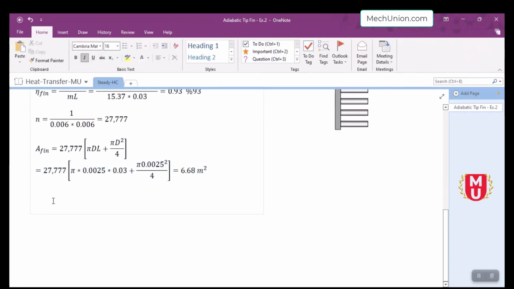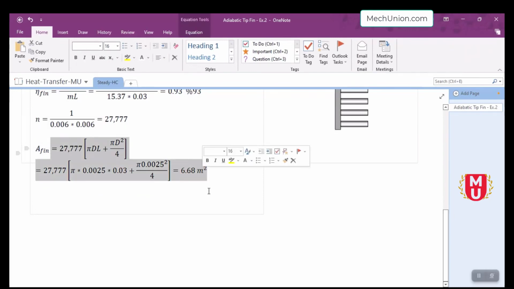Next step will be the area of the unfinned wall.